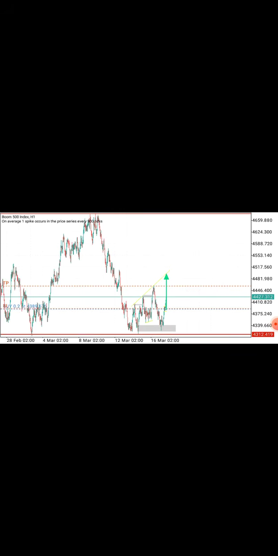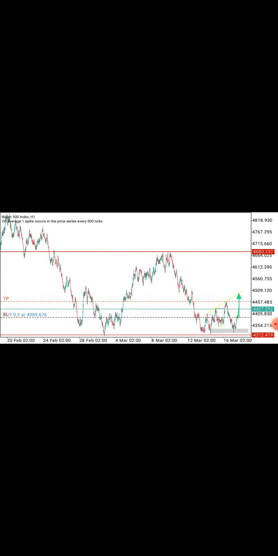In market structure, we have what we call the primary highs and lows and the secondary highs and lows.